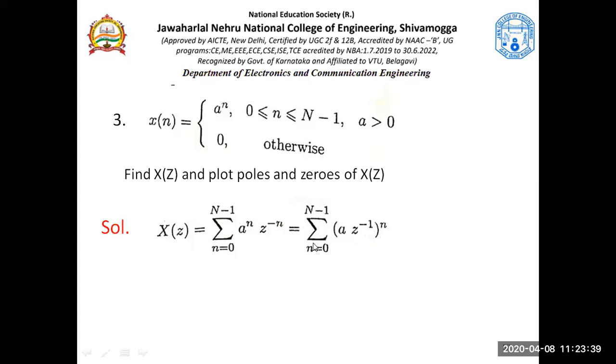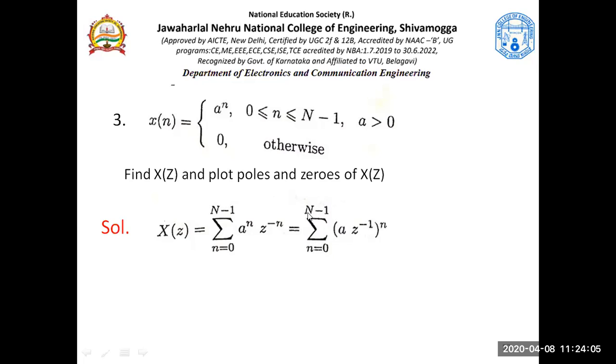In such sequences, we used the standard summation, n ranging from 0 to infinity, a to the power n. But here n is not ranging from 0 to infinity, but from 0 to N minus 1. So this upper limit is a finite entity now, but I don't know the number of samples.